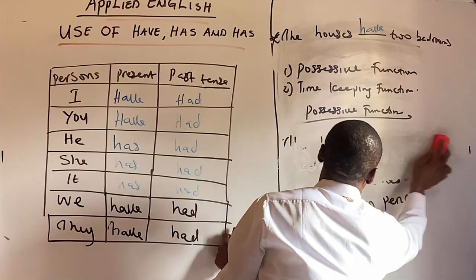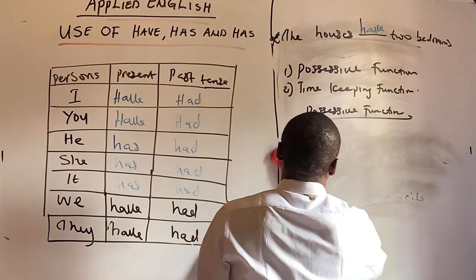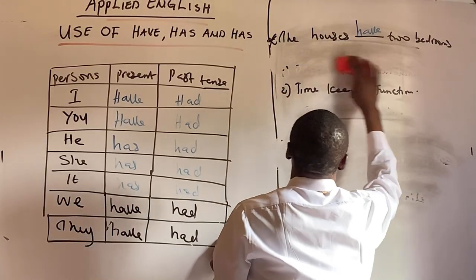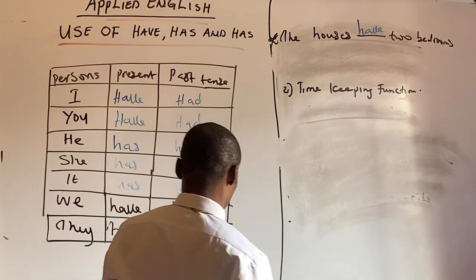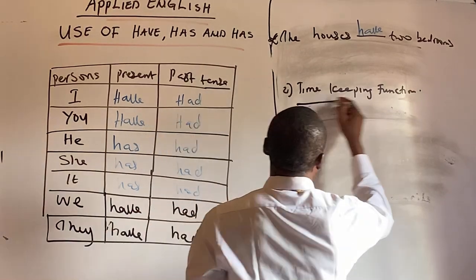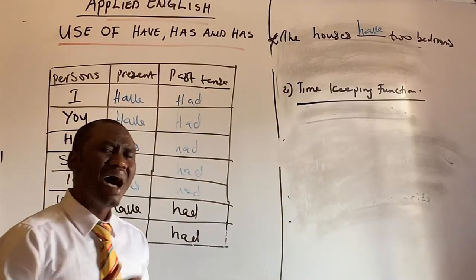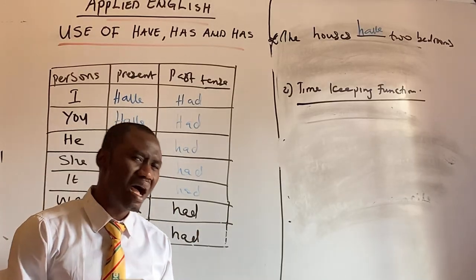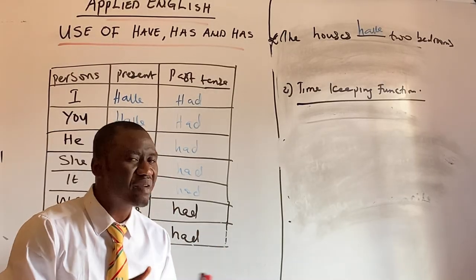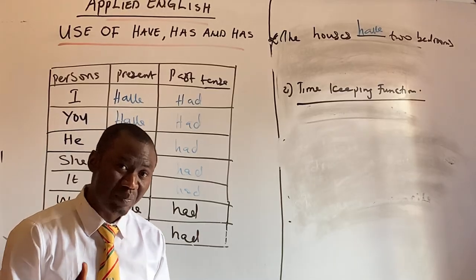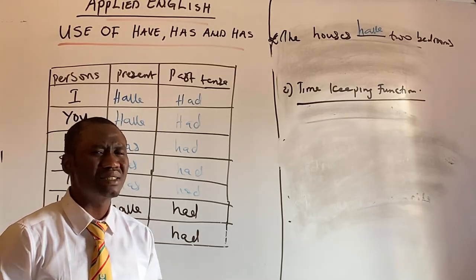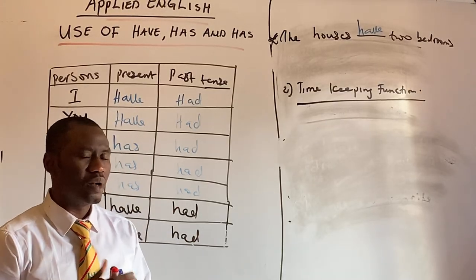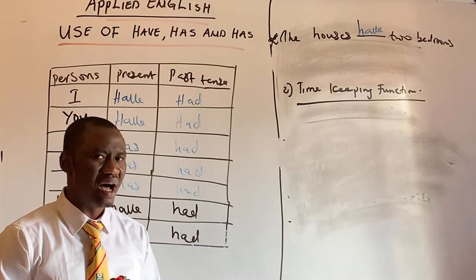Let me fill up the board. For the timekeeping function, have, has, and had function as an auxiliary verb or a helping verb.